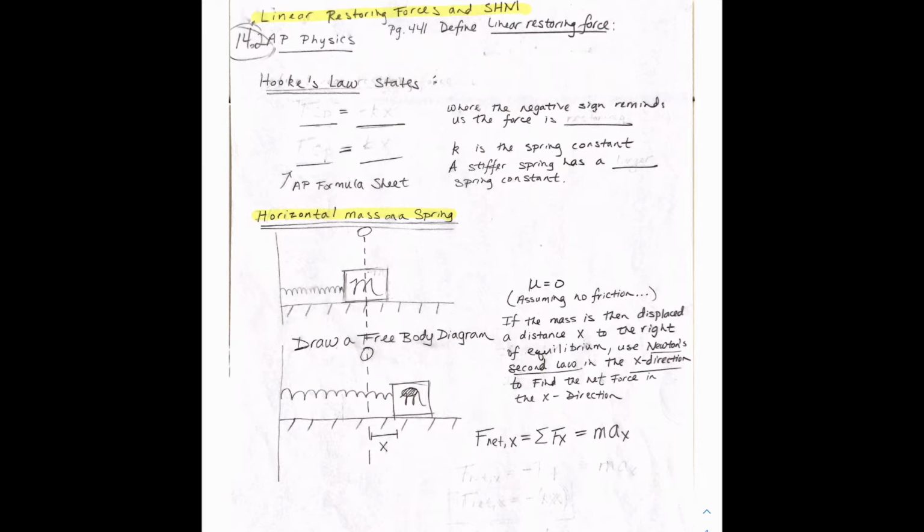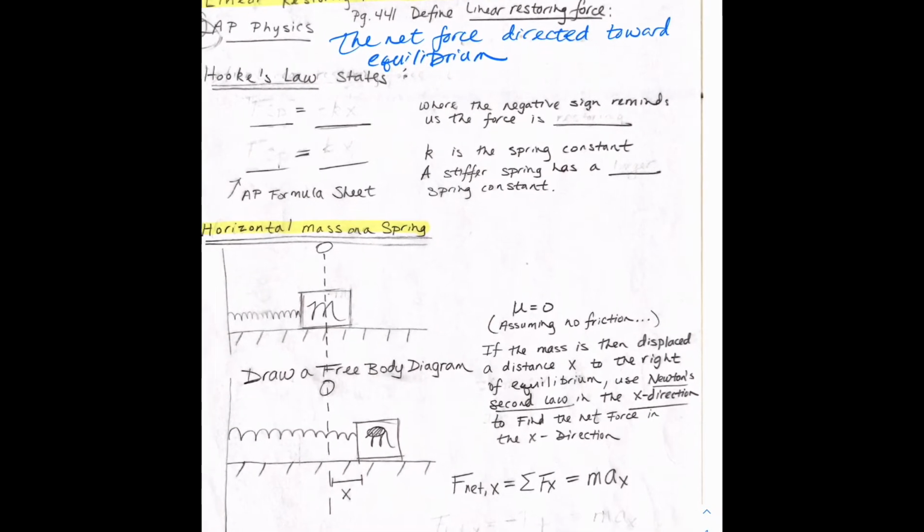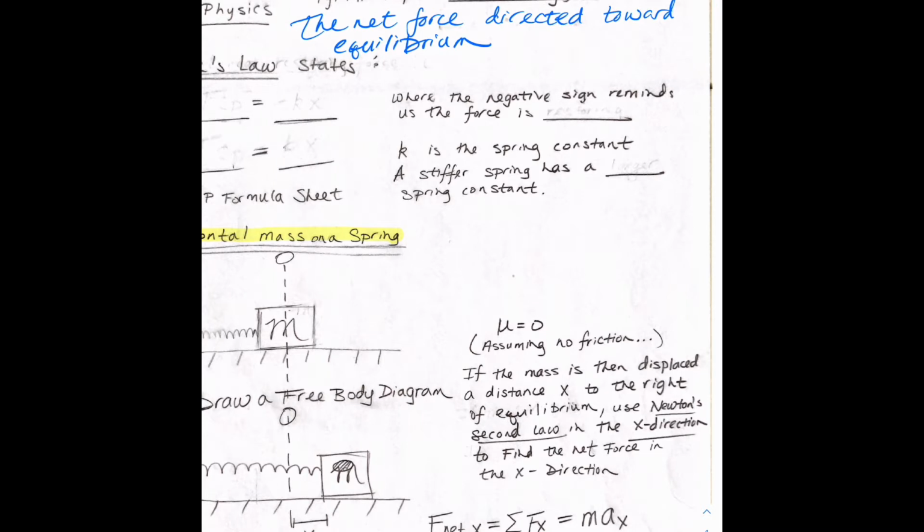A linear restoring force is the net force directed towards equilibrium and is proportional to the distance from equilibrium.